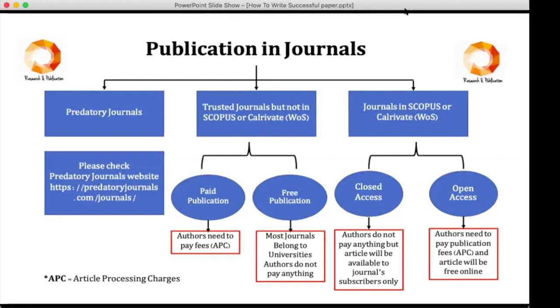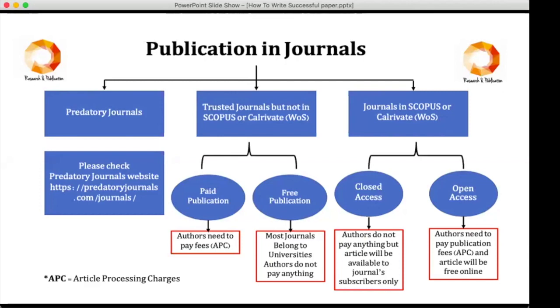It's called open access, and you need to pay the fees. Some journals are only open access. If you choose this type of journal, you have to pay the APC fees, and the article will be free online to everyone.